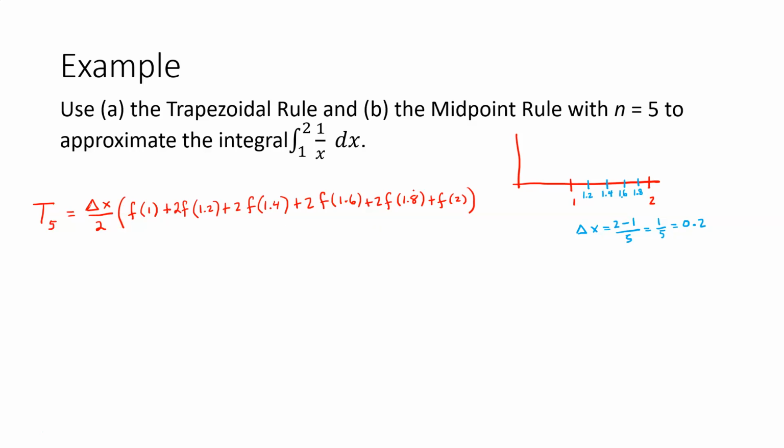Okay, so notice the first and the last one did not have a coefficient of 2, but all the ones in between did.